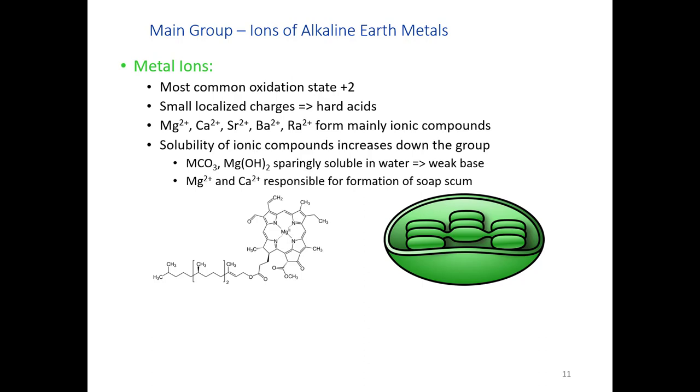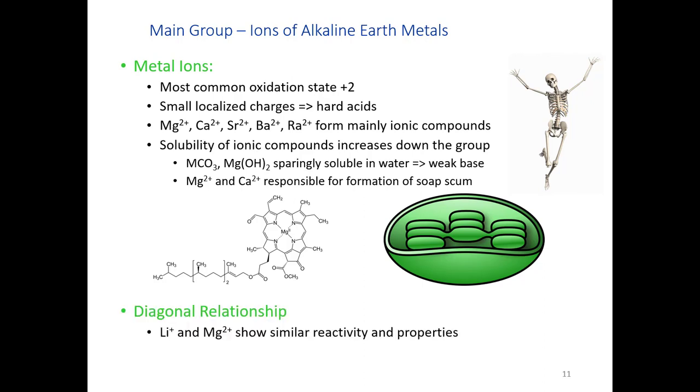And this is located in chloroplasts and is what allows plants to undergo photosynthesis. Calcium is also important for biological systems, for forming bones, shells, etc. Another important feature of the main group are these diagonal relationships, the first of which is between lithium and magnesium.